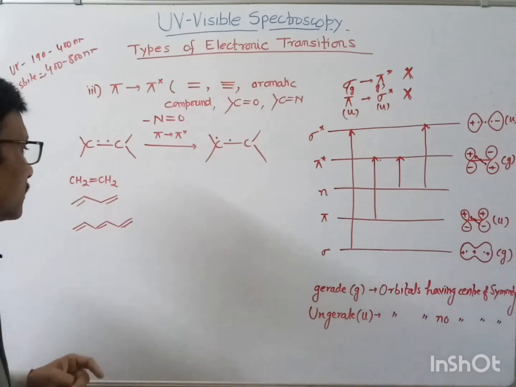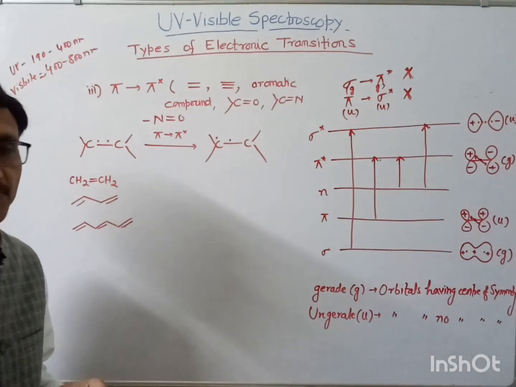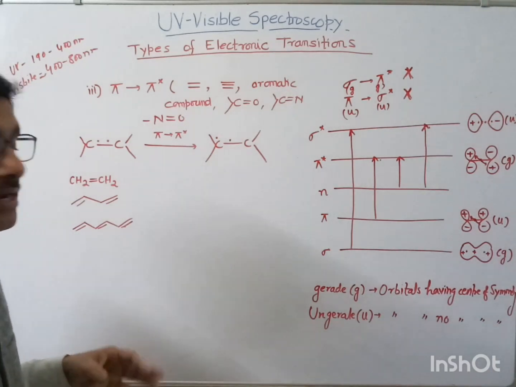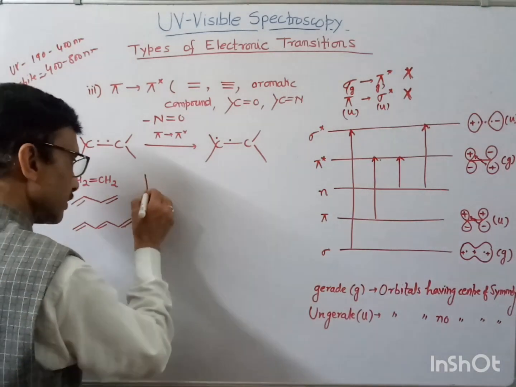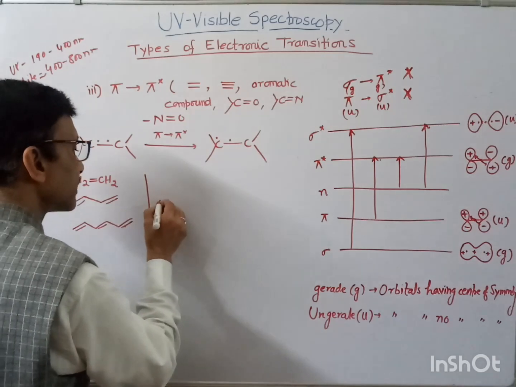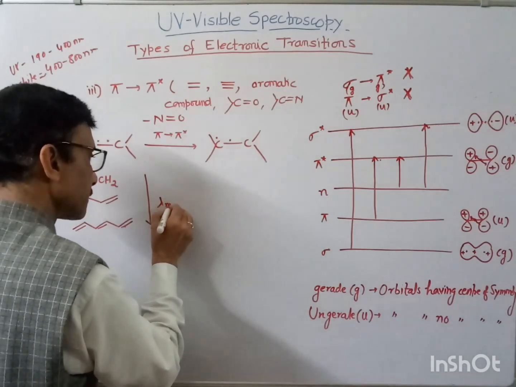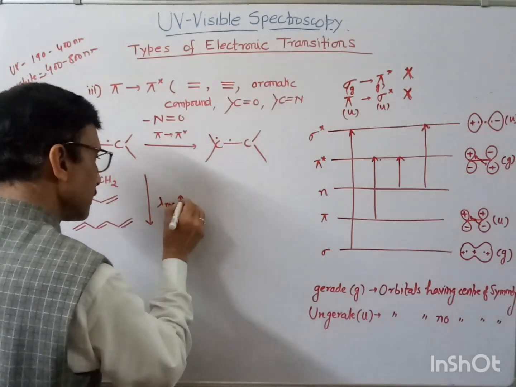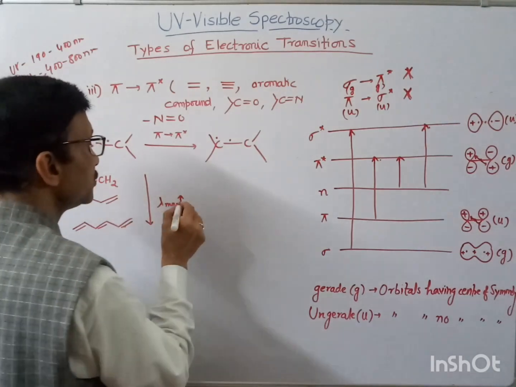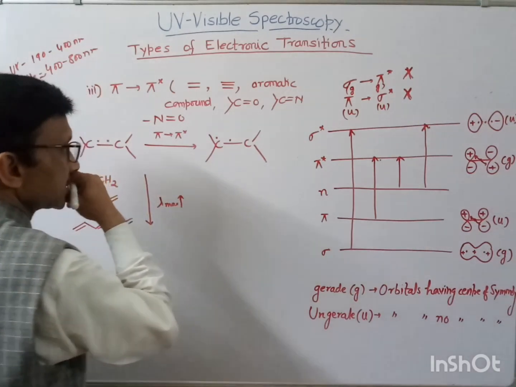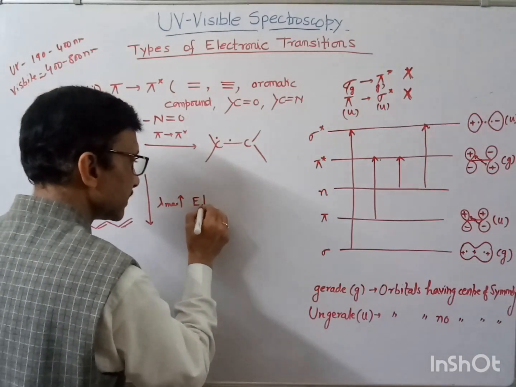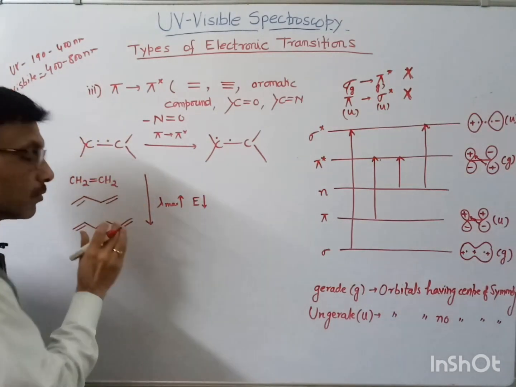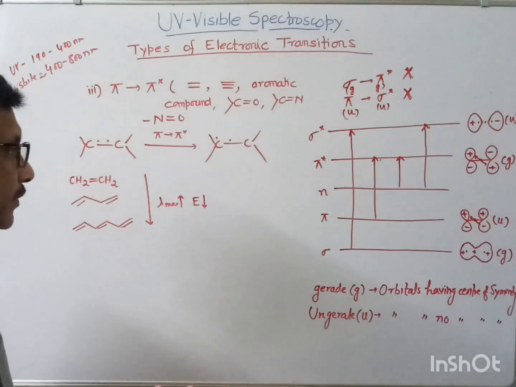As the conjugation increases, the lambda max value increases. Or we can say the energy required to excite the electron decreases in the more conjugated molecule.